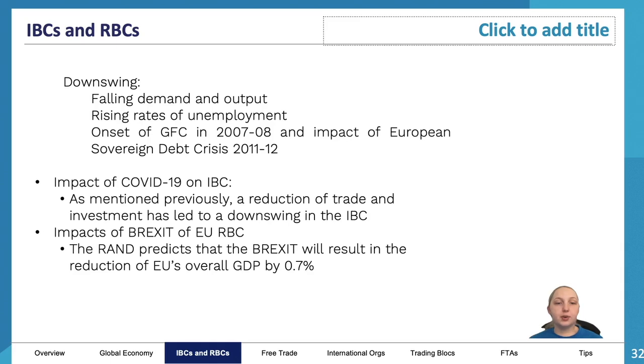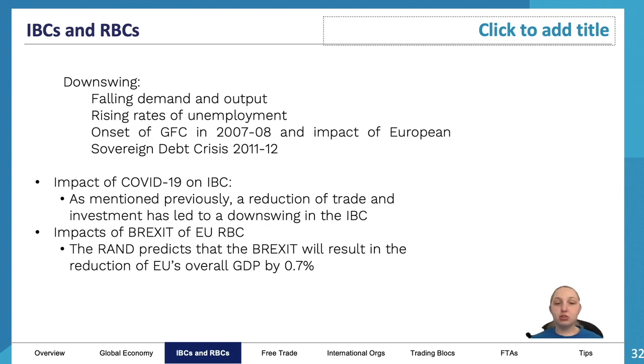So then, of course, we've got the impact of COVID on the IBC. I'm telling you, COVID will come up with like every single thing you do this year, so get used to it. Start loving COVID, I guess, in relation to economics, not in general. But yeah, pretty much a reduction of trade and investment has led to a downsizing in the international business cycle, fairly self-explanatory.